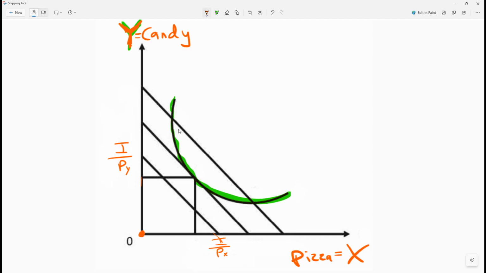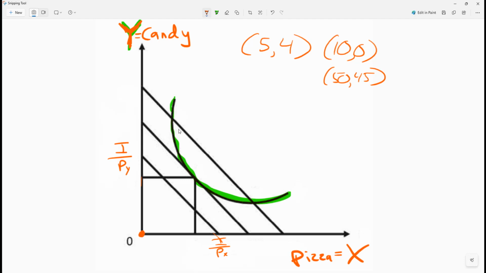It could be 5 pizzas and 4 candies. That's a bundle. Or 10 pizzas and 0 candies. Or 50 pizzas and 45 candies. All of these are bundles. It's just a combination of both products that you're purchasing.